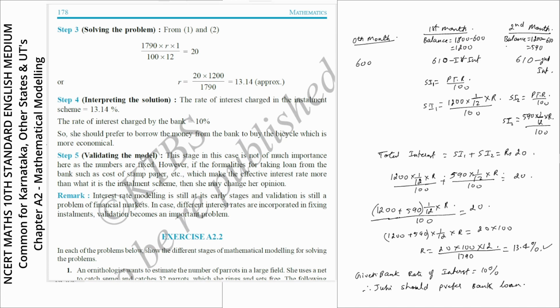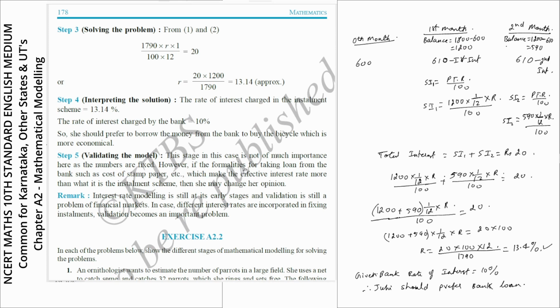So in our calculation we have not considered the processing charges and stamp paper charges, okay. Whenever we go for bank loan there will be some processing fee and stamp paper charges and so on, okay. I can read here, this stage in this case is not of much importance here as the numbers are fixed.